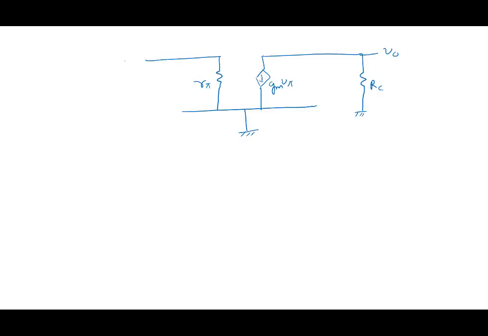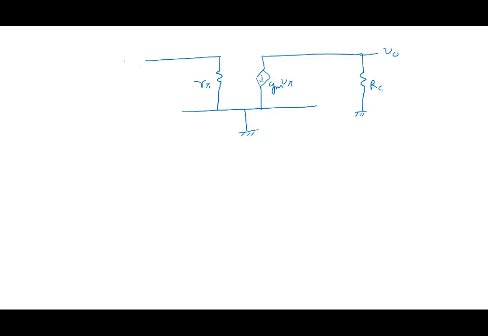Now what we do is add a capacitor here, add a resistor RS here, and add Vs here, with the same V pi. Let's call this capacitor C1, let's call this CB.